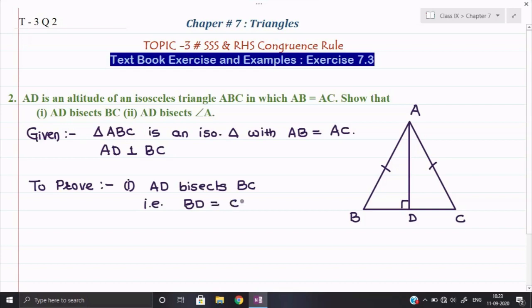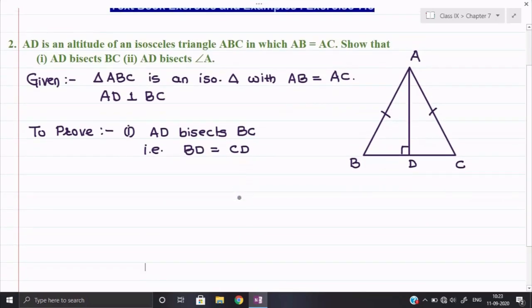If AD is bisecting BC, AD is dividing BC into two equal parts, and those two equal parts will be BD and CD. Second, in the second part, we have to prove AD bisects angle A. AD bisects angle A means AD divides angle A also into two equal parts.